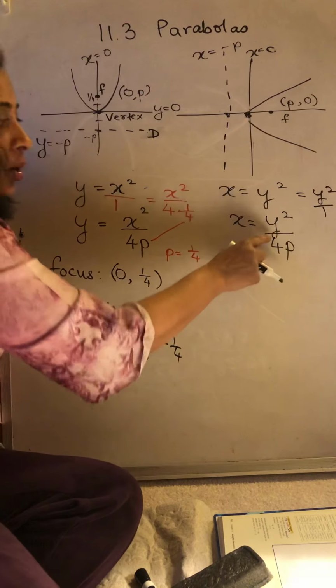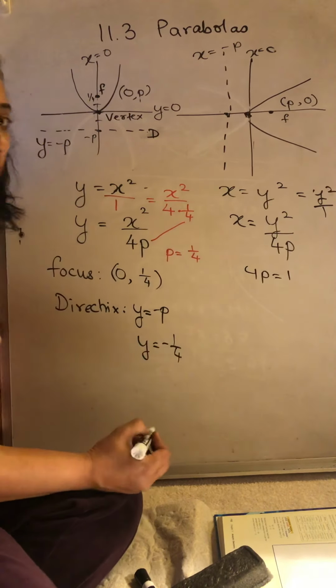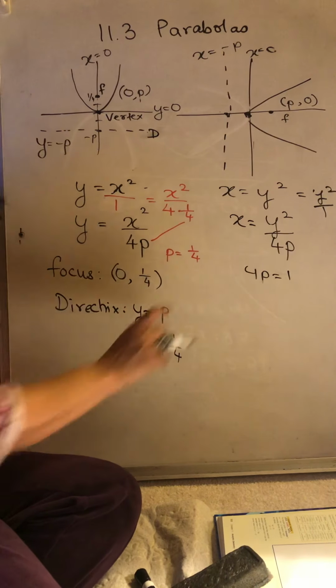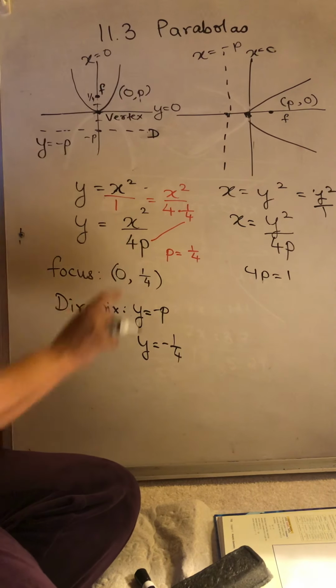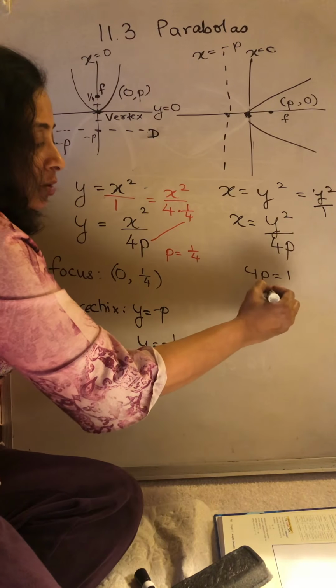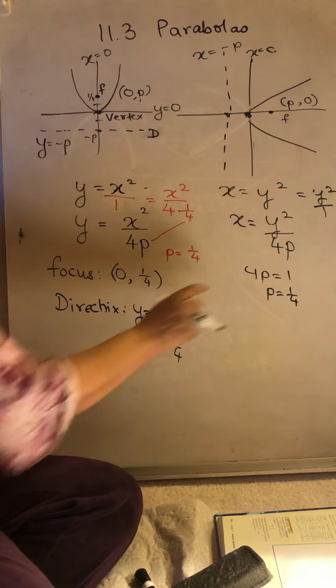Right? So same thing, which means 4p equals 1. I'm showing this in a different way. Choose whichever way makes more sense for finding p. So 4p equals 1, which means p equals what? 1/4. See, I got the same thing.